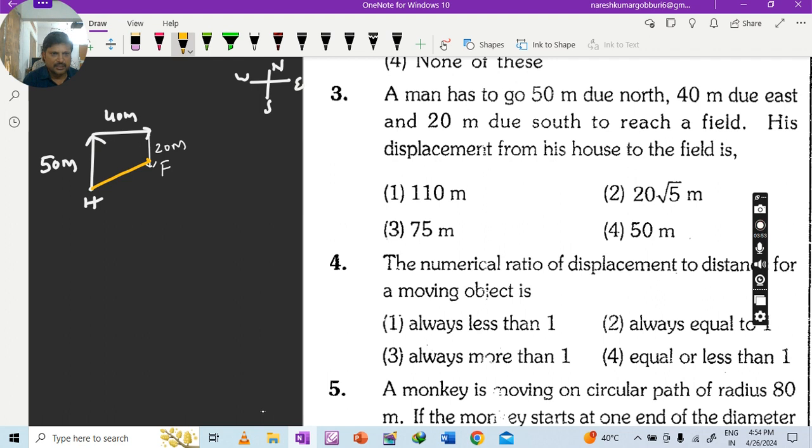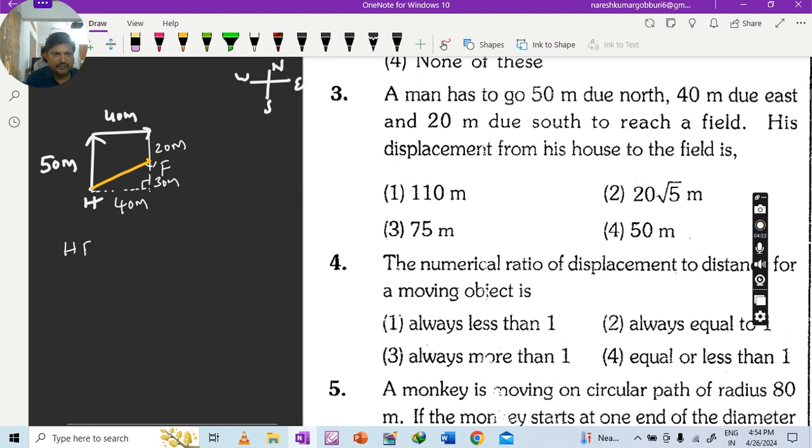So calculate this one. Draw an imaginary line here and another one here. These two are parallel lines. So this is 40, which means this is also 40 meter. These two are parallel lines. This is 50, which means this is also 50. In this 50, this part is 20 and this part is 30 meter. Then to calculate the displacement, draw a right angle triangle and use the Pythagoras theorem.